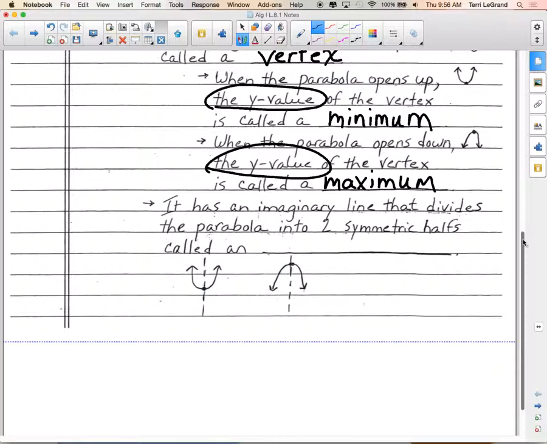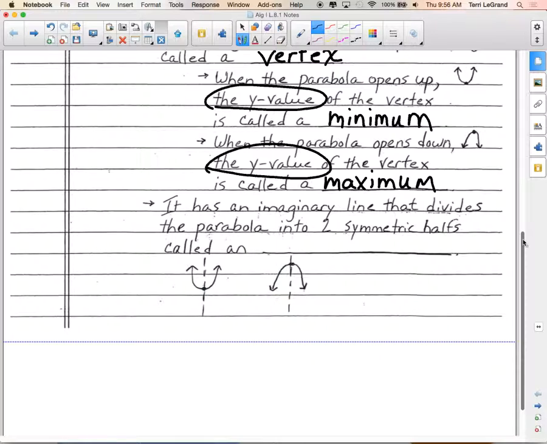And then one more thing here, it says a parabola has an imaginary line that divides the parabola into 2 symmetric halves called, anybody know what it's called? This dashed line that I've drawn through those 2 parabolas there?